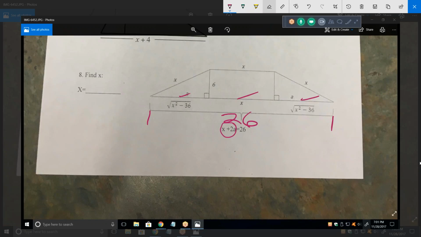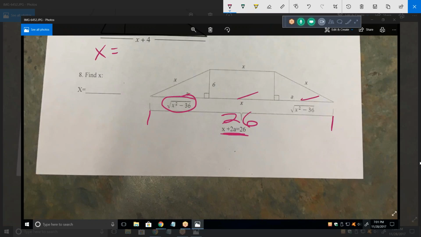Okay. So what do we do now? We certainly can say, if we're trying to solve for a, well, let's substitute for a. What's a equal to? a is equal to the square root of x squared minus 36.